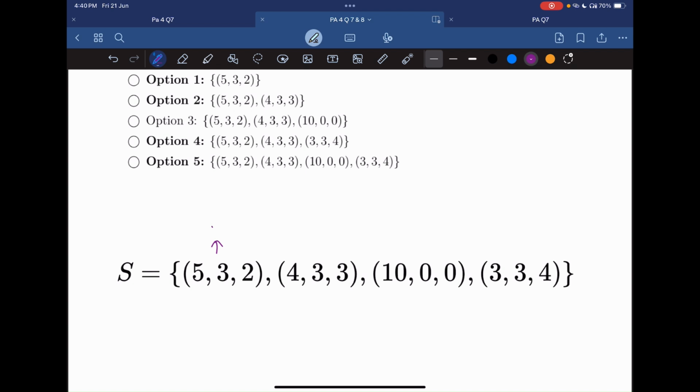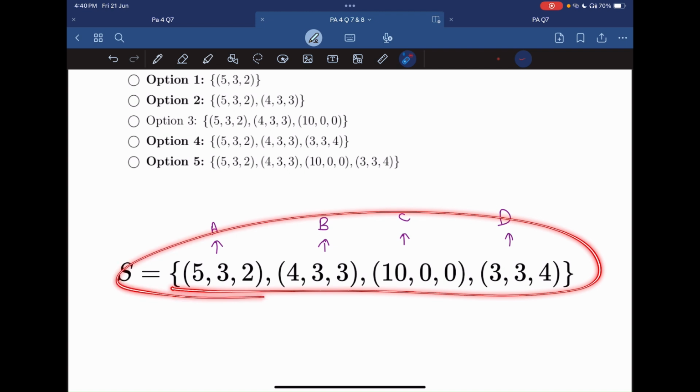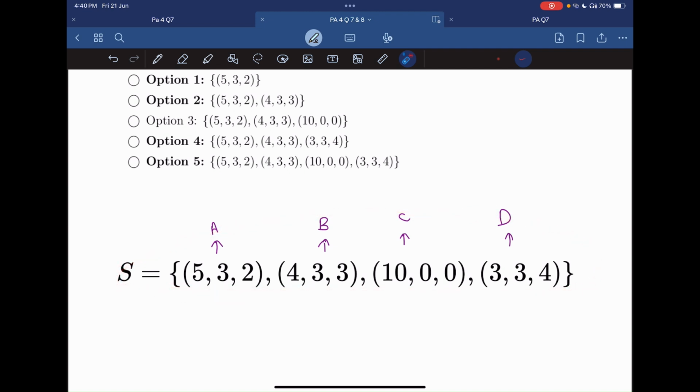So this was our A, this was our B, this was our C, and this is D. For simplicity, I have removed the 1 by 10 from these vectors. It doesn't matter to our solution. It's just a scaling by 1 by 10. So now we have to check which of the following cannot be a basis.